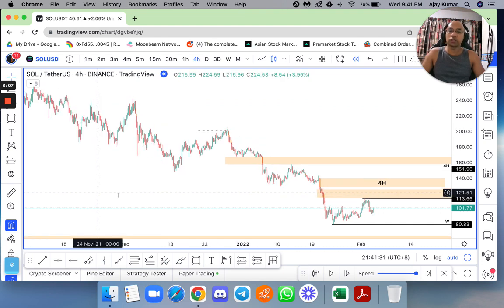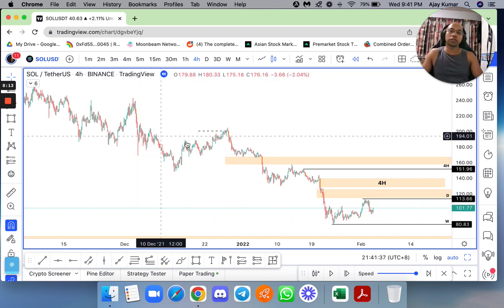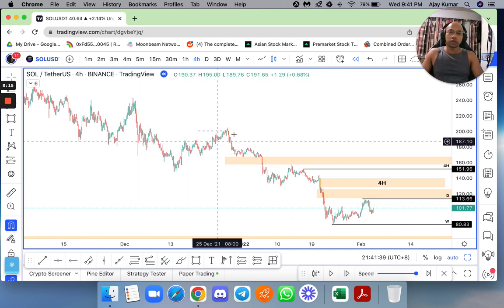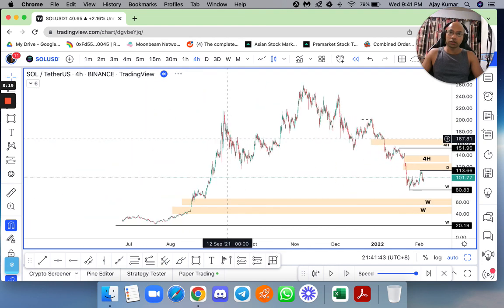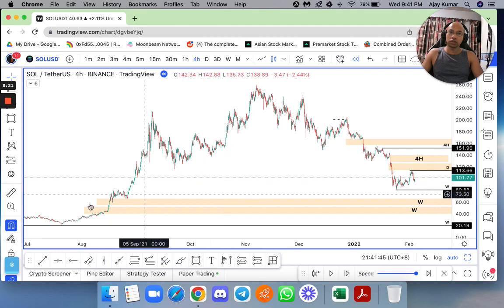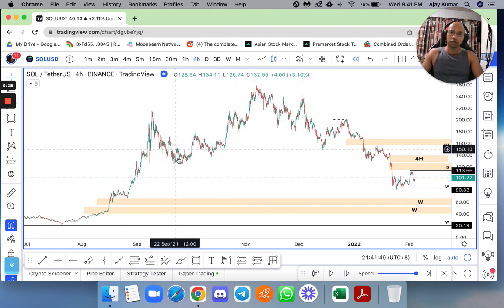Okay, let's see. Let's try to analyze the chart a bit. What is price doing? Price is obviously in a bearish trend. You see, price broke this low.